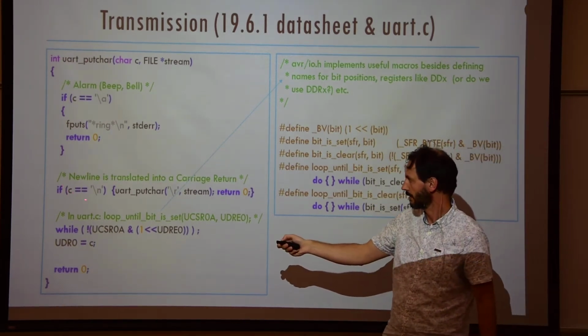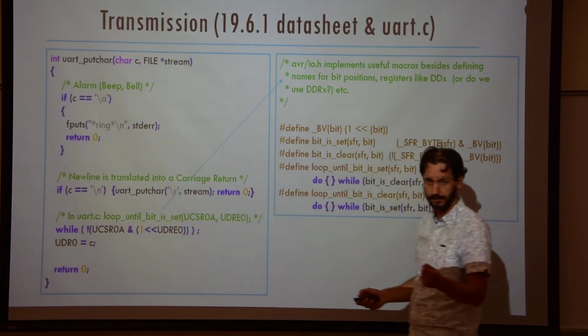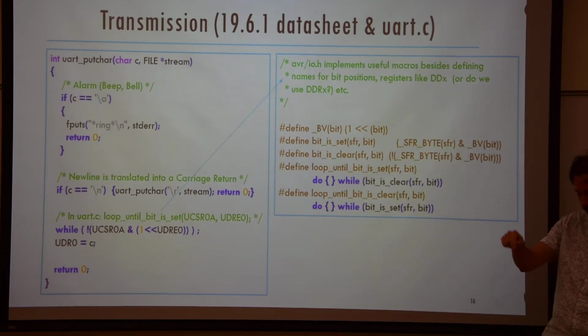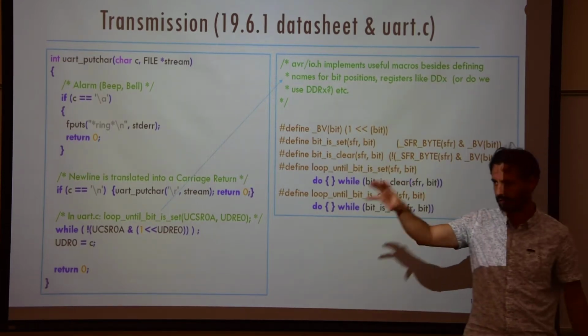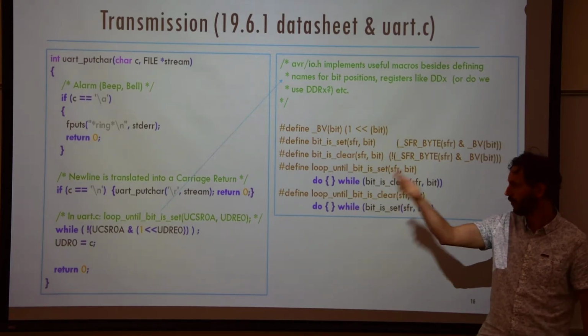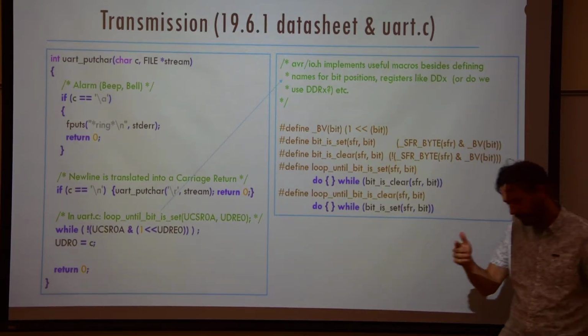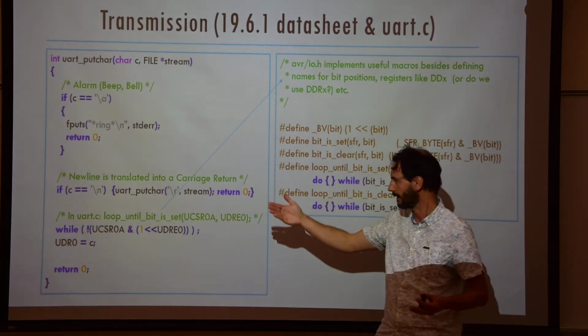More importantly is, for example, this particular one. If I see a new line character, because I hit the return button, that will be interpreted at the console of my laptop as a new line symbol, it will come in to the MCU. The other way around, the MCU is putting a character.